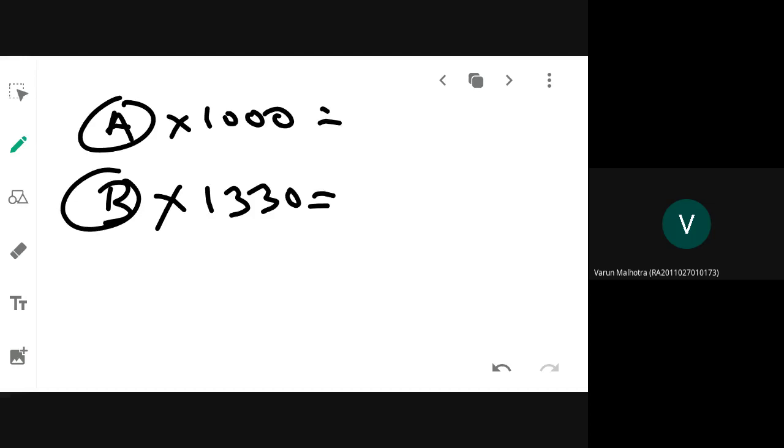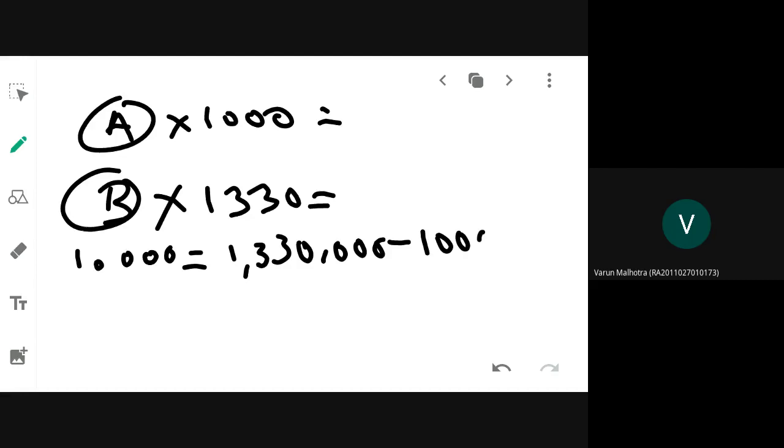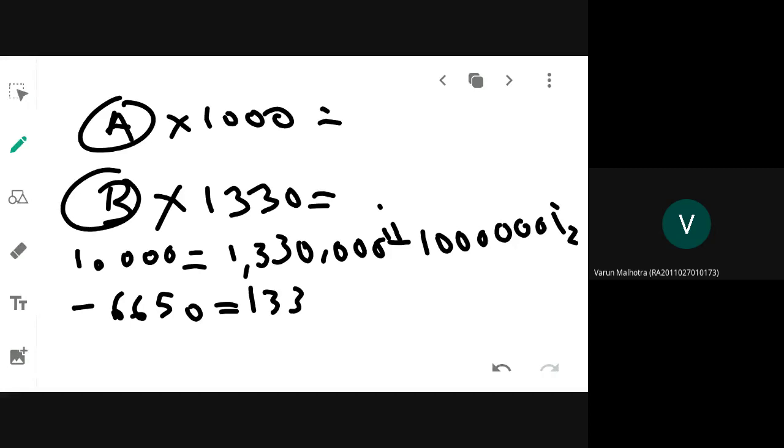So I will get 10,000, which is equal to 1,30,330,000 minus I2, here I1, and here minus 6650, which is equivalent to 13330,000 I1 plus 1,62,000. I am solving it algebraically. Then what will be the answer?